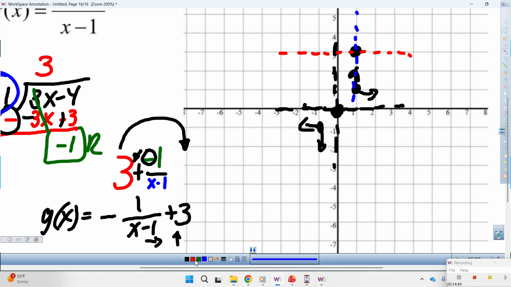And our points should be where? Here and here, technically. However, what does this do, everyone? Flip them. So we bring this one on top over here, and this one below the asymptote. And there you go.